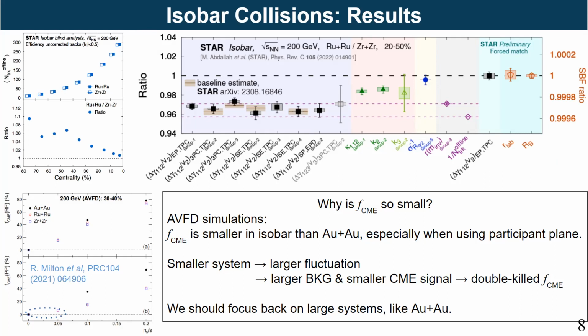So again, it means no signal, but it's reasonable. It's a successful failure. If you match multiplicities, the centrality will be very different. So first we select the same centrality, then within the same centrality, we force match the multiplicity. But in this physics, multiplicity is more crucial than centrality.